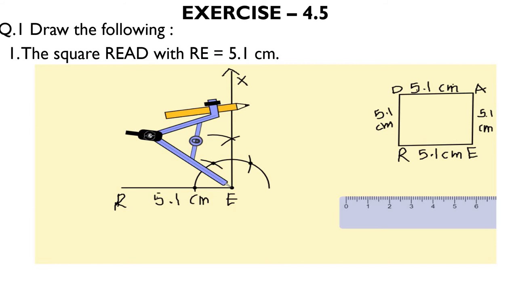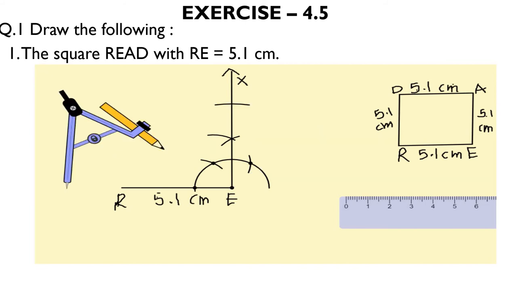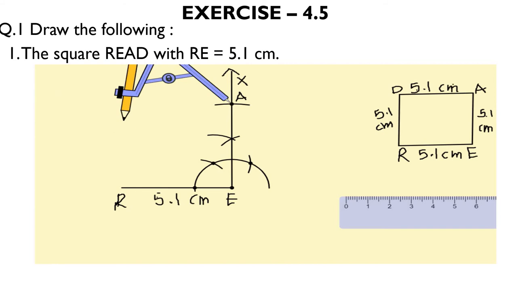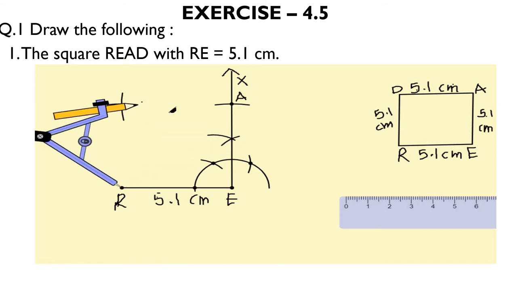Now make an arc on ray EX and wherever the arc intersects ray EX, that is your vertex A. Mark it as vertex A. After that, same radius length, we select A as center and make an arc, and last we select R as center and with the same radius we make another arc which intersects the previous arc, and the point of intersection is nothing but your vertex D, and we mark it as vertex D.